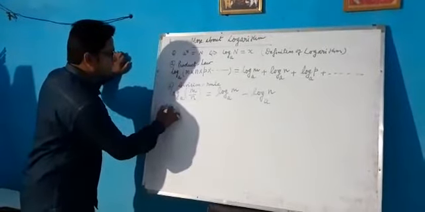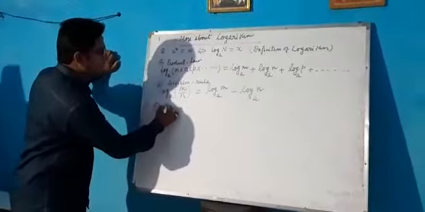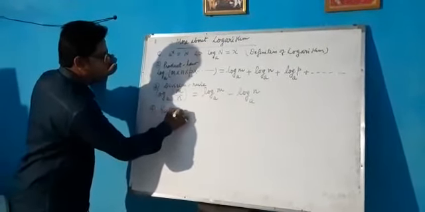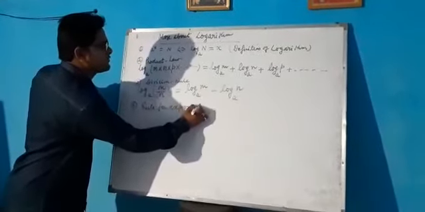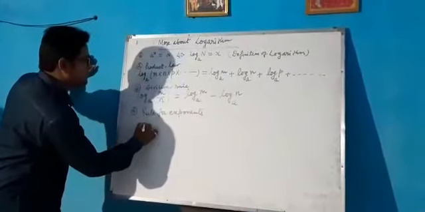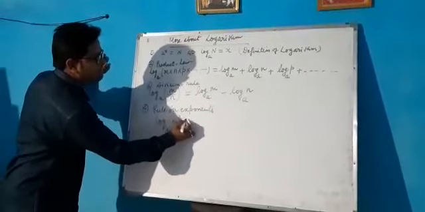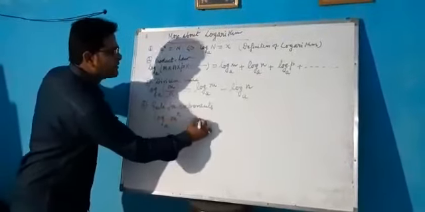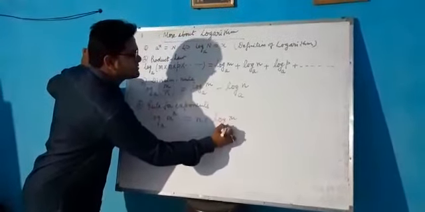A fourth one, rule for exponents. See what are these? If it is log m to the power n, this exponent will come out in front of log m to the base a.